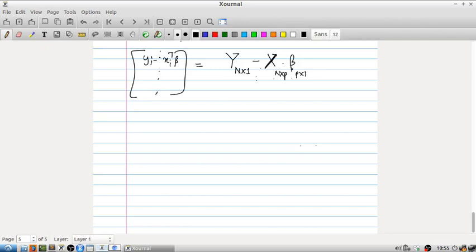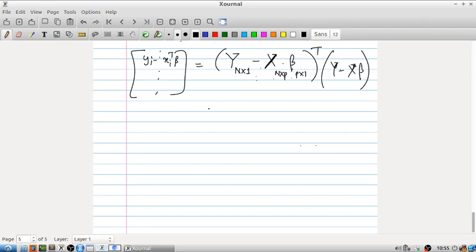If you look at each term in my objective, I just stack them up as rows, and since I want to square them, I just take the whole transpose of the same thing, y minus x beta. Okay, so this is just going to give you the same objective that we saw a couple of lines earlier.